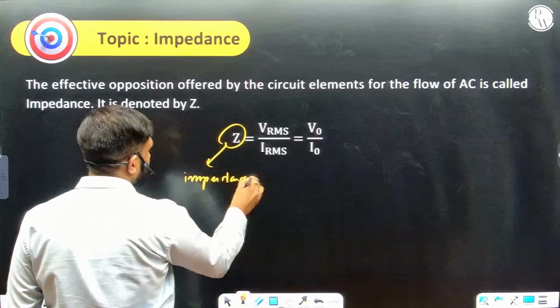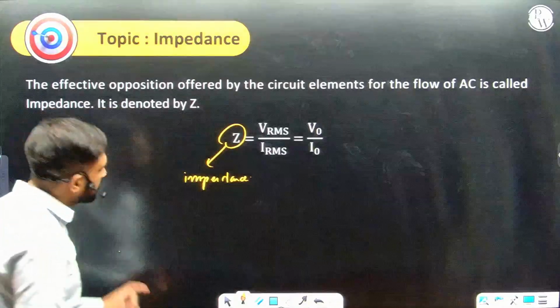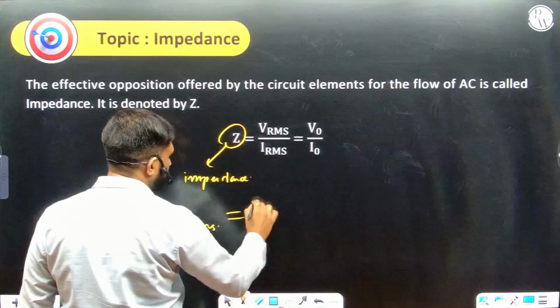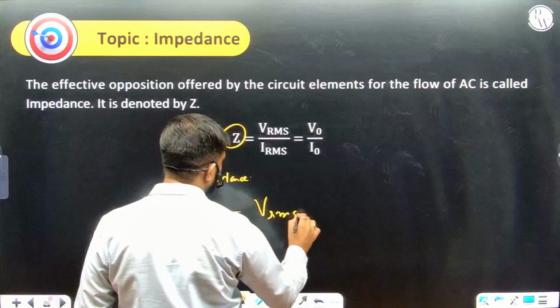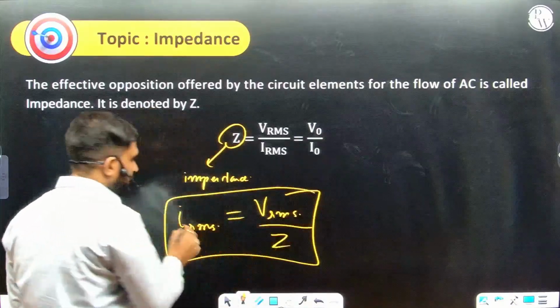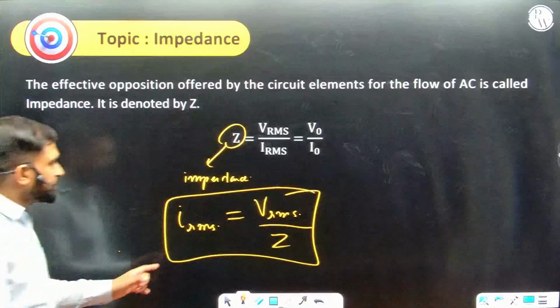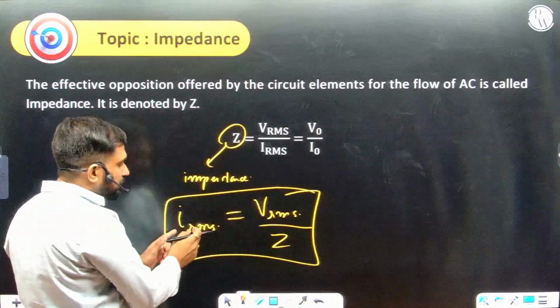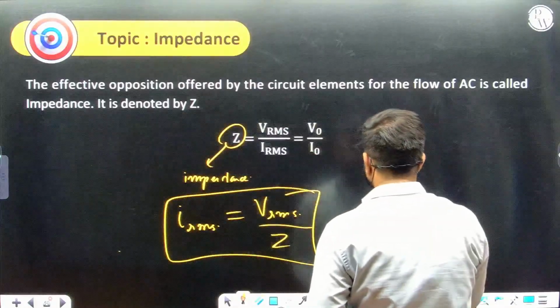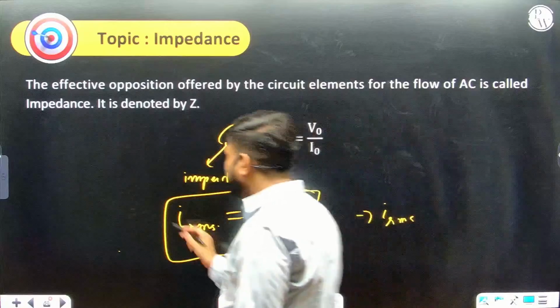And if we need to find the net current, whether it is RMS value or peak value, we need to divide the net voltage by this and we get the RMS current. But remember that even though we are doing this, the current and the voltage may not be in the same phase.